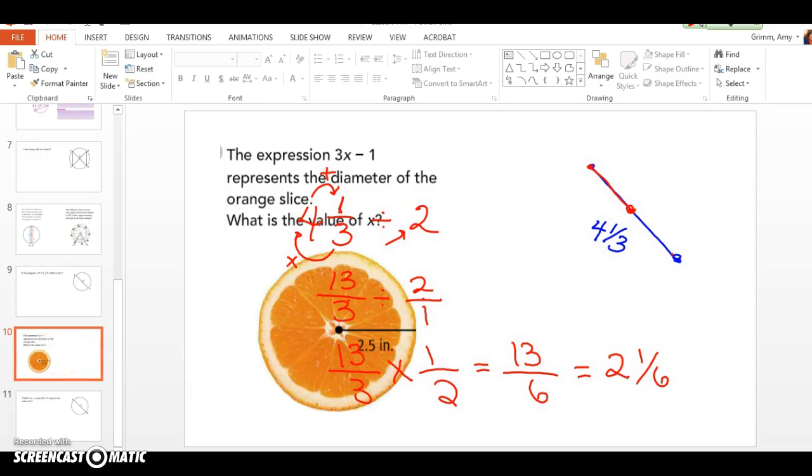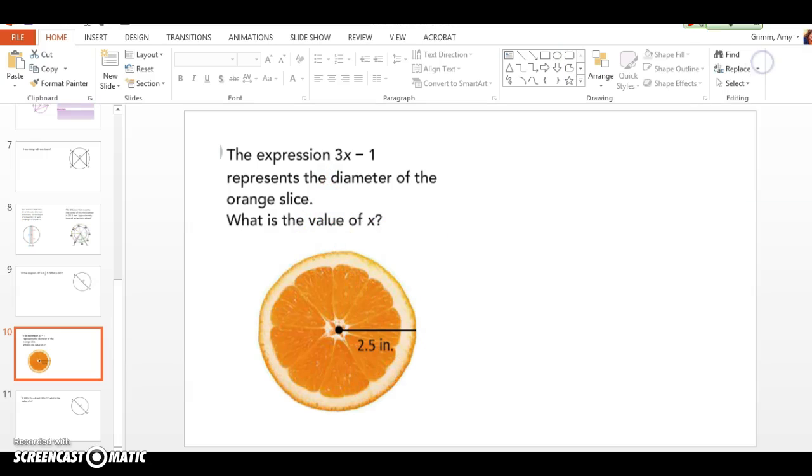All right, let's mix this up with some algebra now. The expression 13x minus 1 represents the diameter of the orange slice. What is the value of x? What do you think about that one?